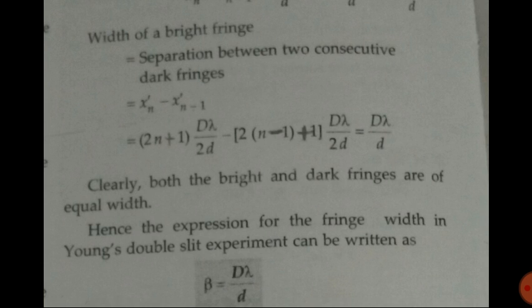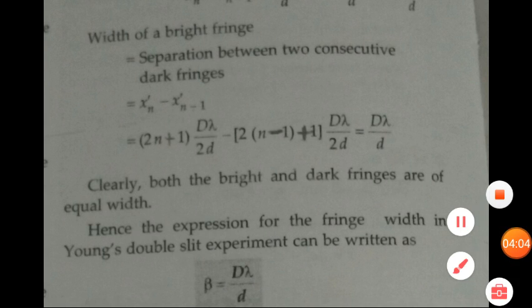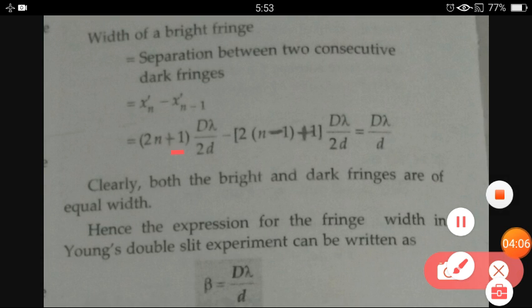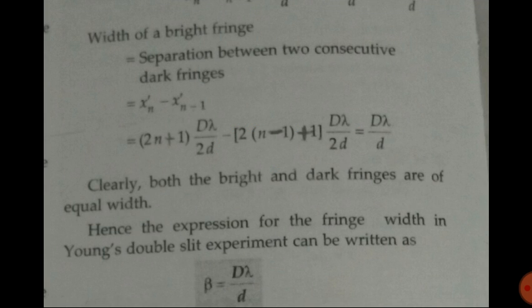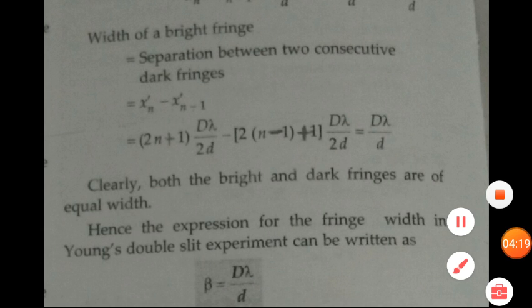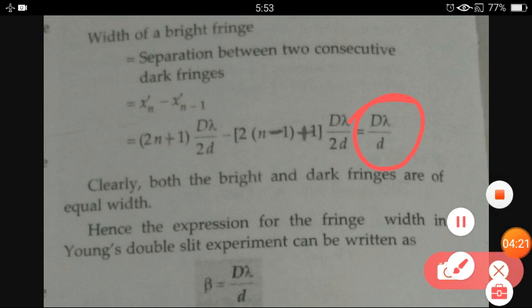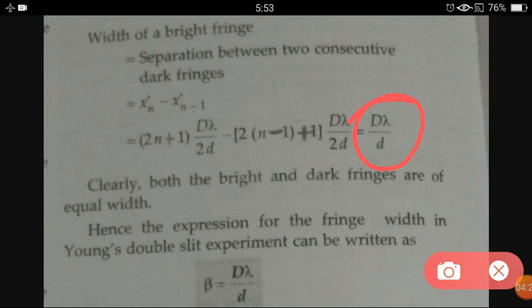In place of n we have put n minus 1, so the formula will take this form. By opening the bracket and solving it, again we get d lambda upon d. So in both cases we see that the separation comes out the same.